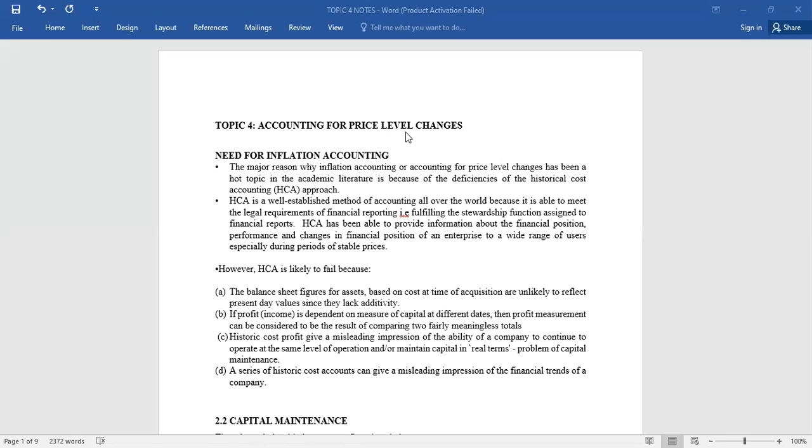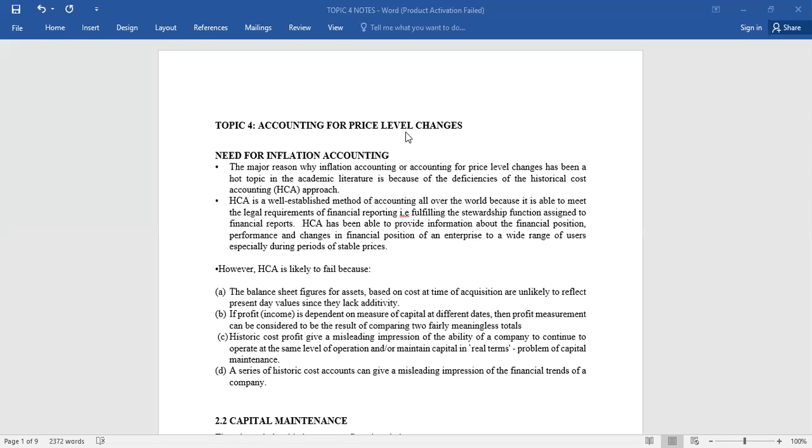And by the status quo, we will be going against what we call the going concern, because the going concern assumes that this business will continue being profitable, and it will continue expanding into the foreseeable future. And lastly, a series of historical cost accounts will give a misleading impression of the financial trend of a company.